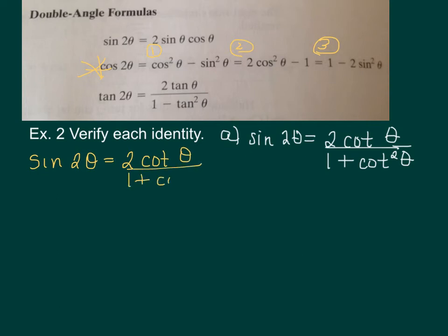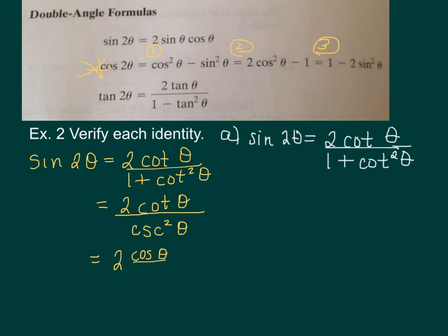But I'm going to start with the denominator because I know that 1 plus cotangent squared of theta is equal to cosecant squared of theta. And then I know that cotangent is cosine over sine. And then I know that cosecant is 1 over sine.